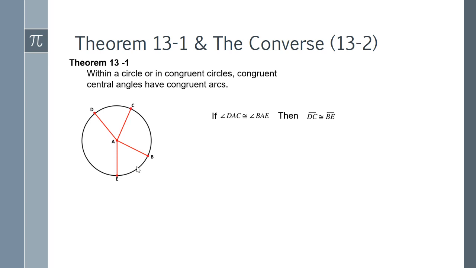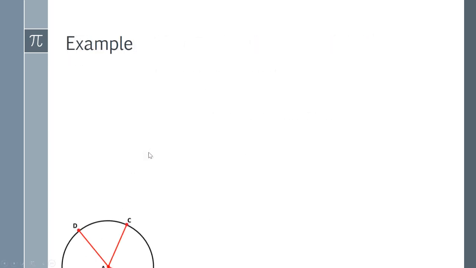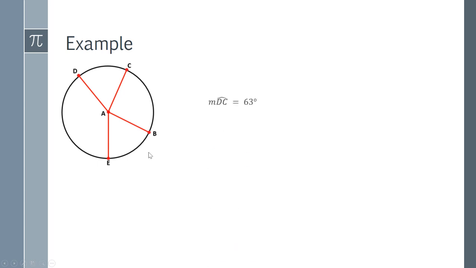So real simple. Converse is the same thing, but it's backwards. So within a circle, congruent arcs have congruent central angles. So this is just saying this thing backwards. So if DC is congruent to BE, those two arcs are congruent, and those corresponding angles are also congruent. So quick example of this, here's our situation.